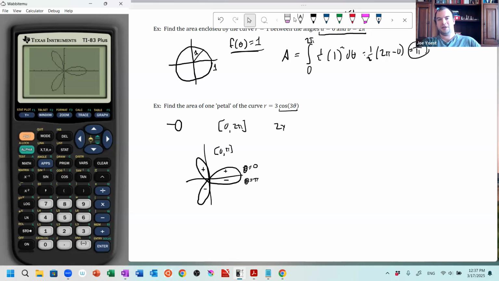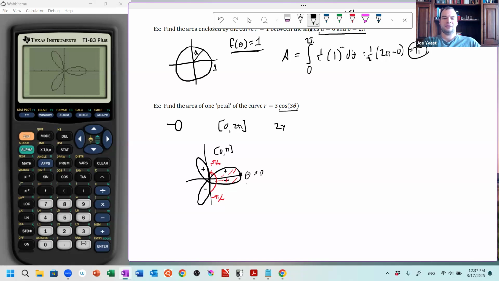So I could also think of this as being like, this is always going to be theta equals 0 out here. But if I go from, say, negative pi over 2 to positive pi over 2 on my angles, I'm actually going to get the contribution from cosine being positive in both of these halves of the petal to the right here.